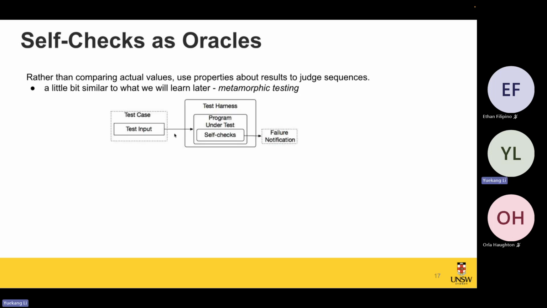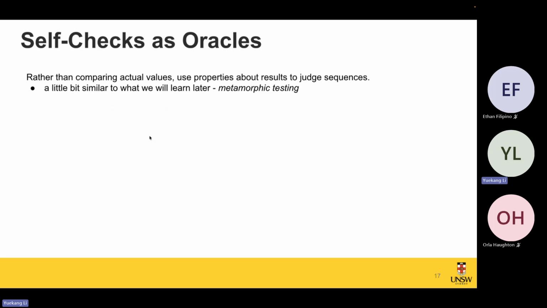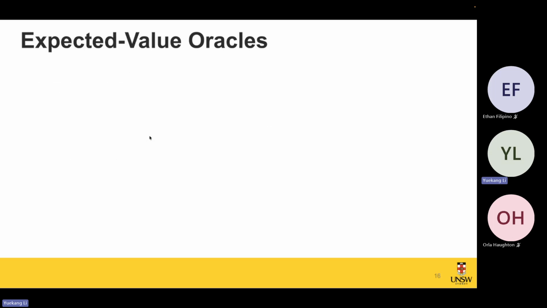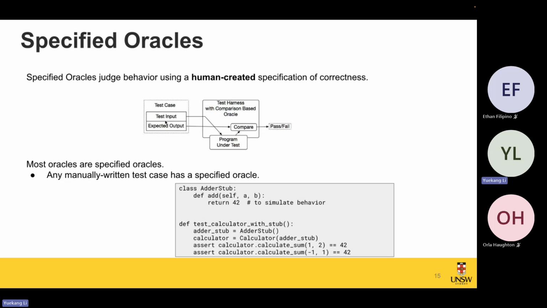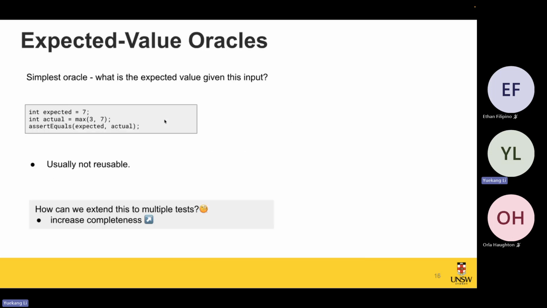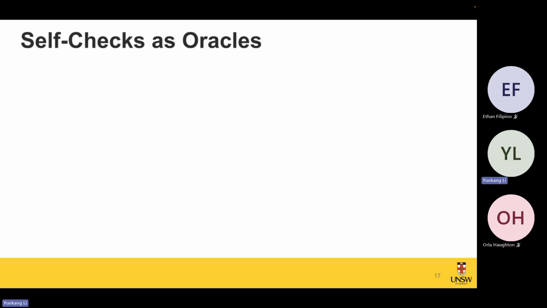This is the structure of the self-check as an oracle. You can see the difference. For the expected output oracle, the check is done outside the program, and the output is created according to the test input, right? It is not very complete because it cannot be used for multiple different inputs.